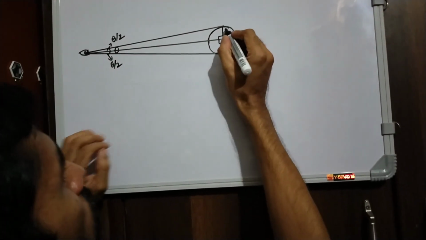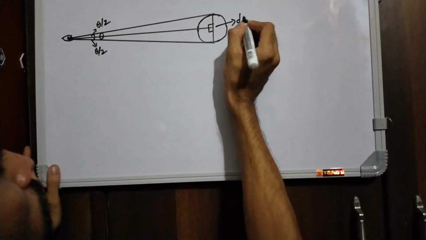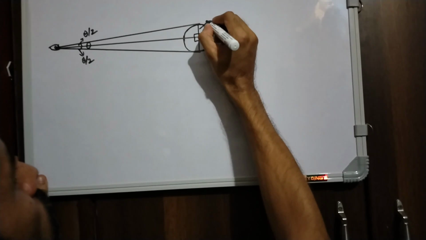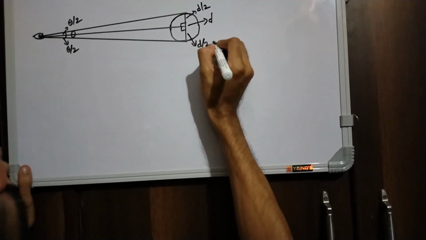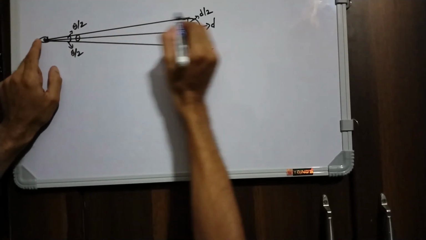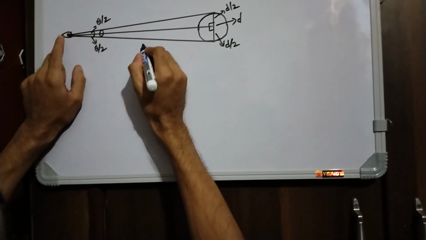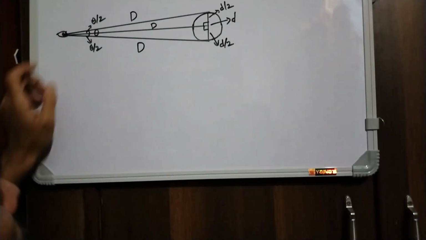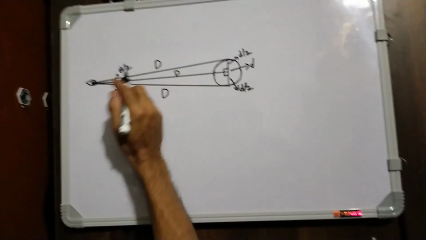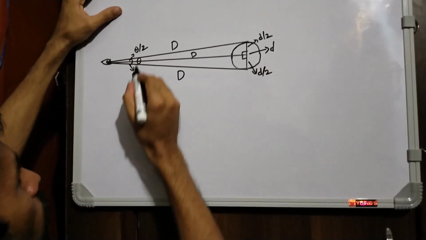The diameter of this object I call small d. So this is the radius d by 2 and this is also the radius d by 2, and the distance from the observer to this is called capital D. All the three are the same, so I call this capital D. Now I am going to measure this theta by 2.